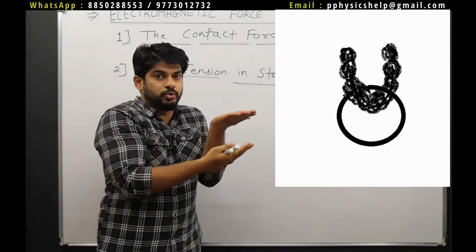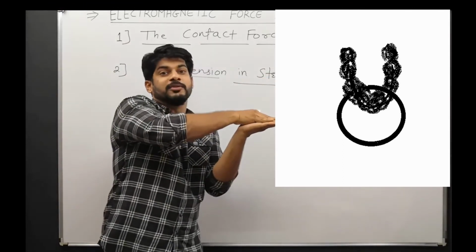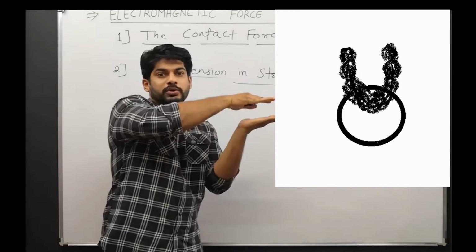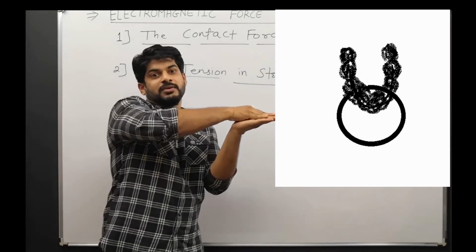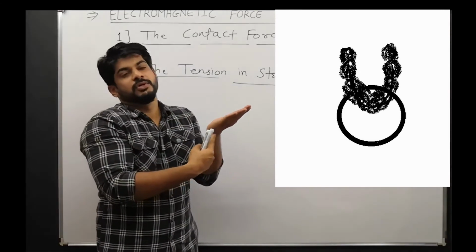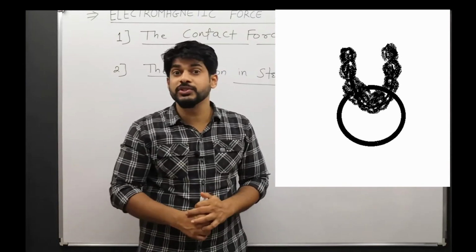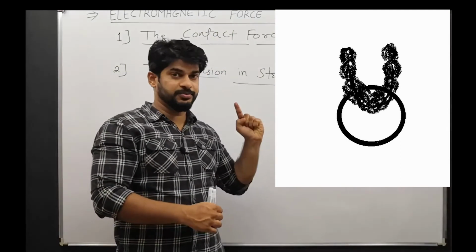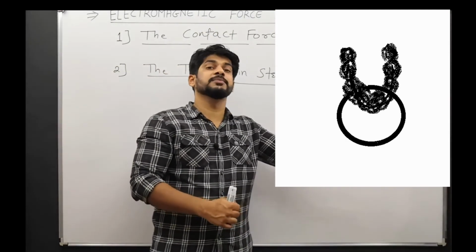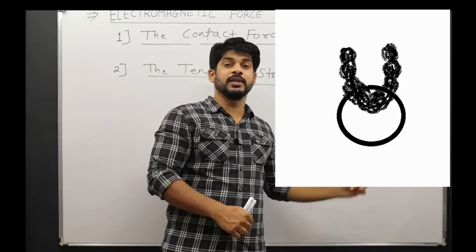Just imagine the case of a book on a table. So it's a hook on a string. Again, the electromagnetic forces between the hook atoms and the string atoms will come into play, and they will exert forces on one another.